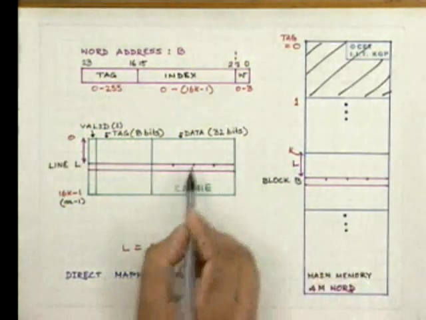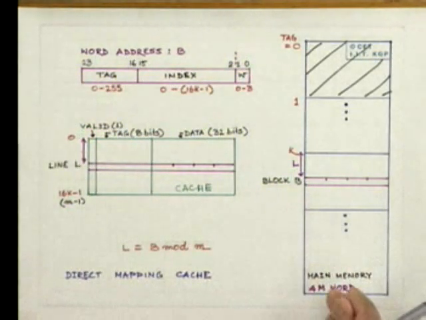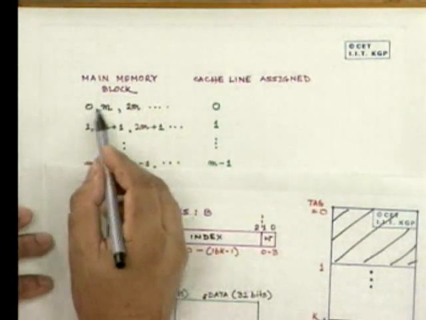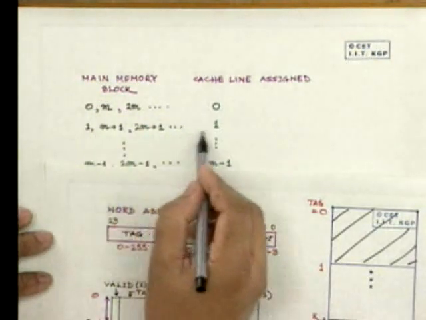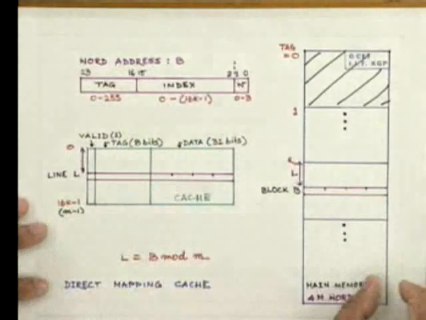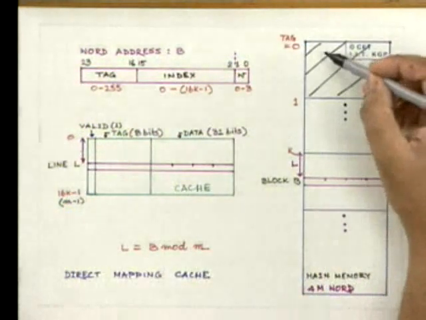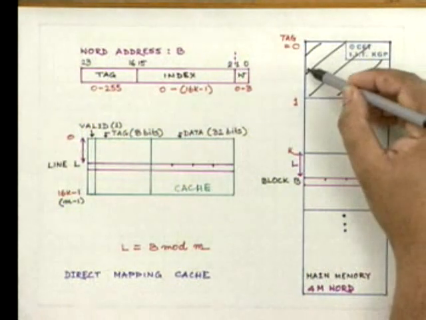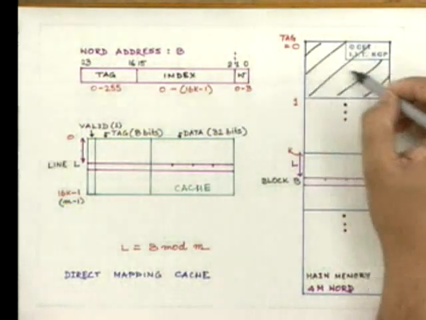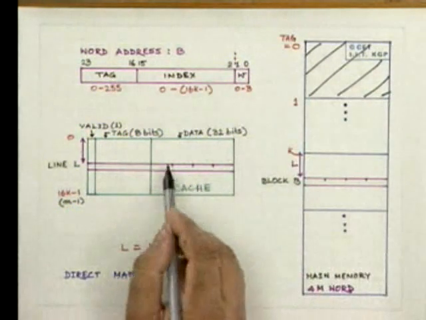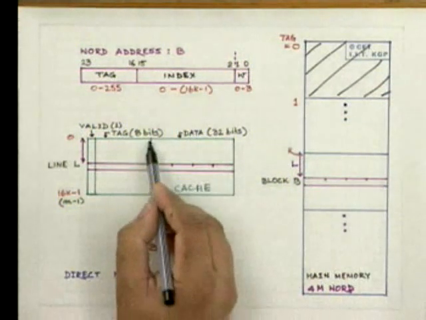This is the mapping that is done, and that is exactly what we have been telling, that 0 and 2m will map to 0, okay, 1 and 2m plus 1 will map to 1, right? Since therefore a block which is in the same relative position of any segment of the memory will map into the same relative position within the cache.